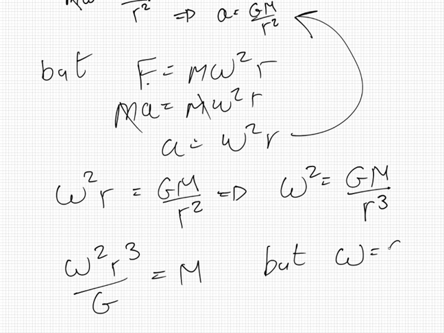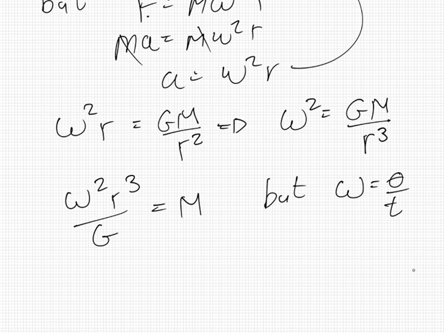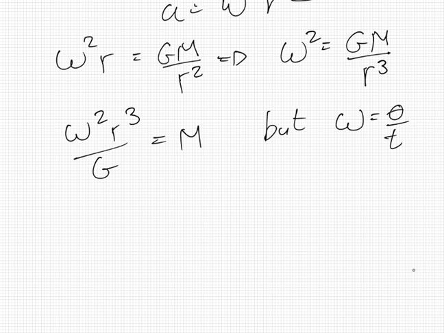Omega equals theta over T. Now, if I'm talking about one circle, what is the angle for one circle? 2 pi, 360, 2 pi.